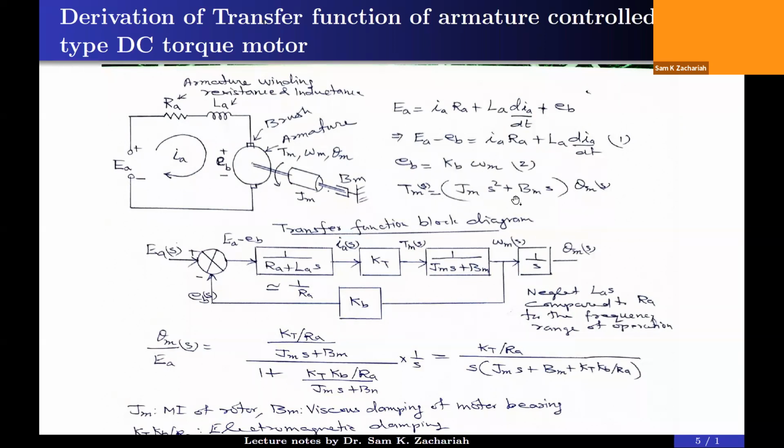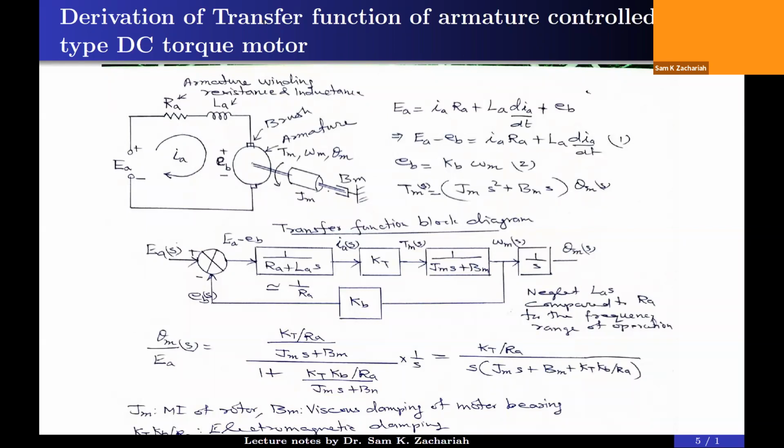Now the mechanical portion can be modeled like this. We are applying a torque Tm. Tm is equal to Jm s squared plus Bm s, into theta m of s. Okay, this will be something new to you. This is how we model mechanical systems. You can probably see Norman Nise, I hope.